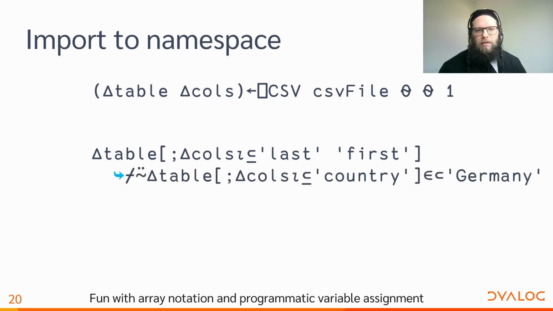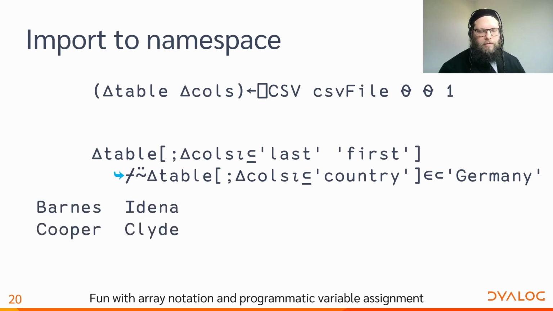Then we can filter that, so we do a compress but swapped, so we can have the Boolean mask after that. So here we want the last and the first name of those that live in Germany. So again, we index into the table, finding the right column that has the country, and then we see if the country is Germany. Okay, so it finds out that there are 2 people in this database that live in Germany.